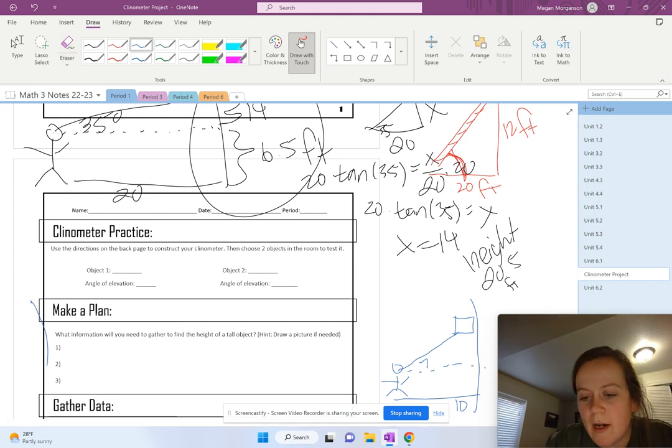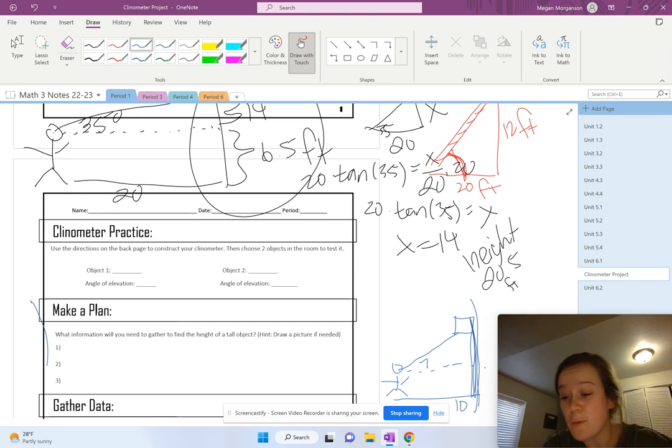Okay, you've got to figure out how tall the projector is. The two things you need to know now are, first, where's your eye level at? And second, you've got to figure out this length from your eye level up to the projector, the thing that we've been doing all these things to solve for. So take how tall you are.